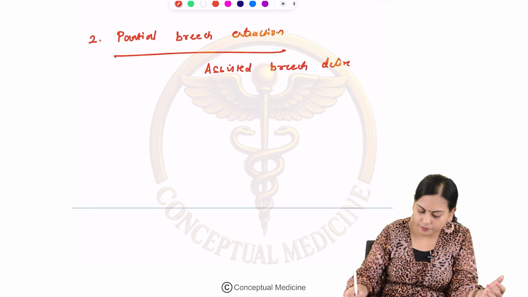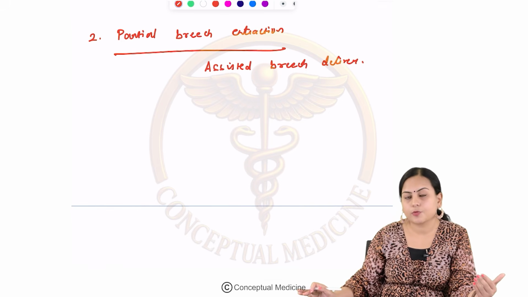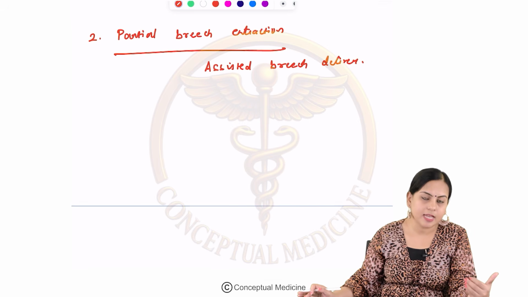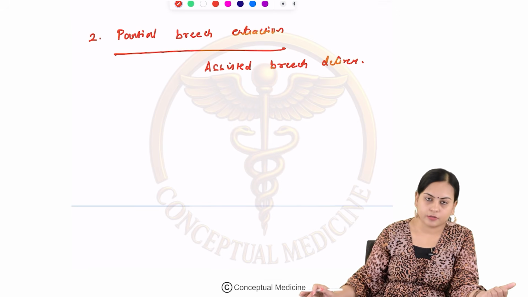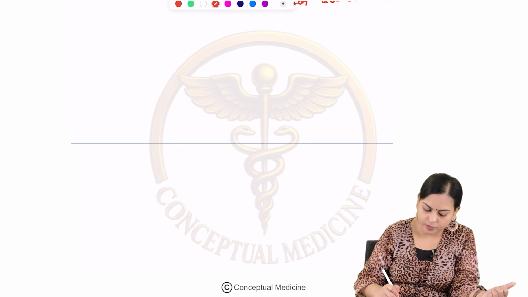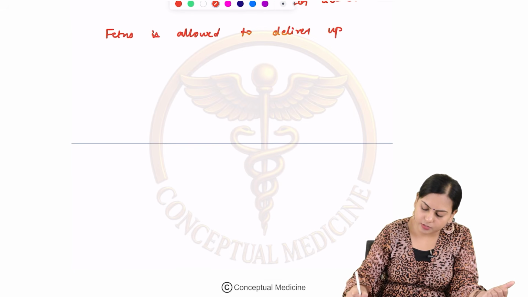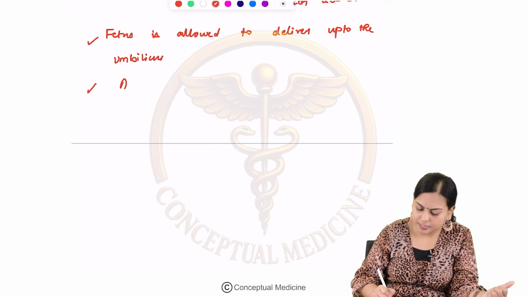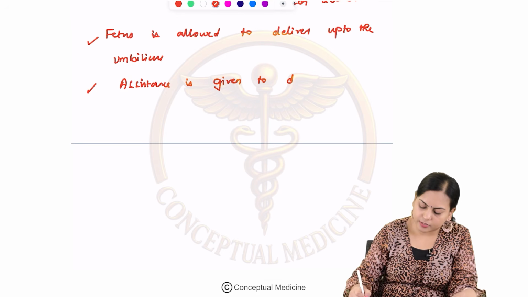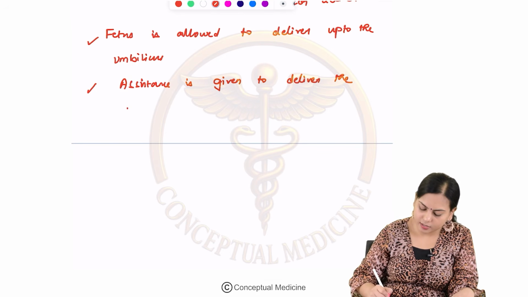So, here we are going to allow the baby to deliver spontaneously up to the umbilicus, and after that we will be helping the baby to deliver the rest of the fetal parts. Okay. So, fetus is allowed to deliver up to the umbilicus, and after that assistance is given to deliver the remaining parts of the fetus.